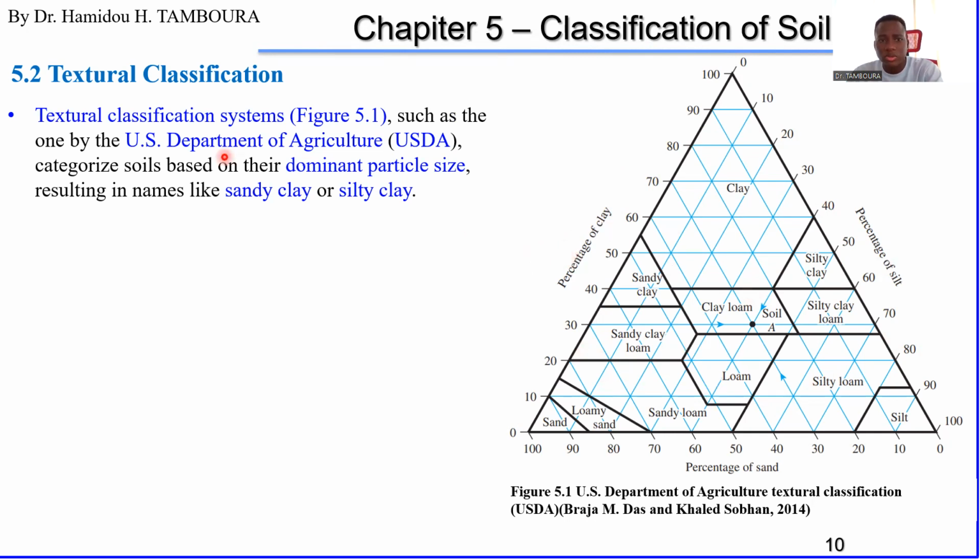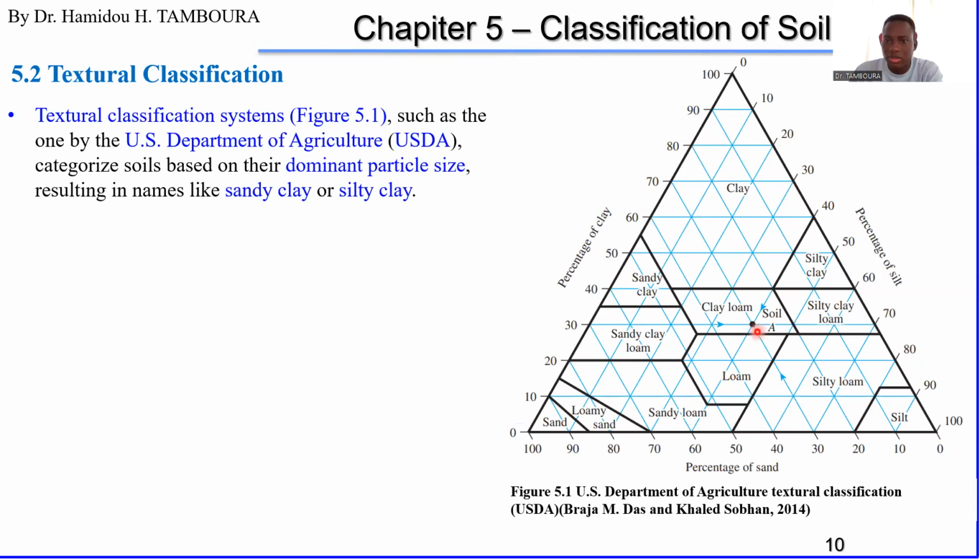Okay. So the US Department of Agriculture categorized soil based on the dominant particle here: sand, clay, silt clay. Mainly this. But we will see that somehow we can include also gravel in the name. But mainly you can see sandy clay loam, and here sandy loam, silty loam, silt.